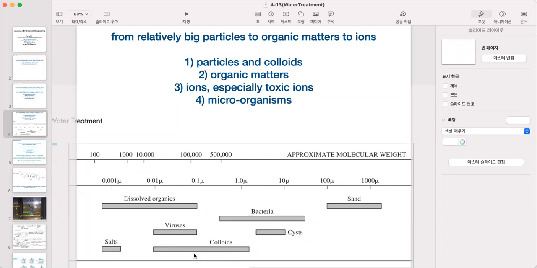So what kind of chemical can we use for disinfection? To kill bacteria, to kill virus. Chlorine, ozone. What else?